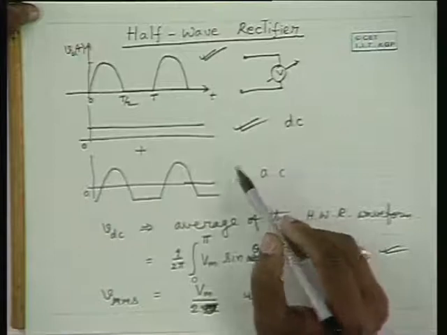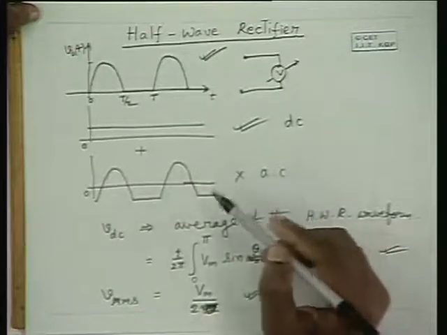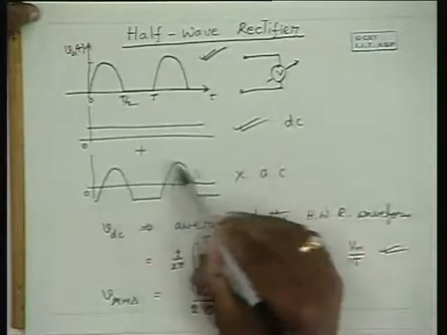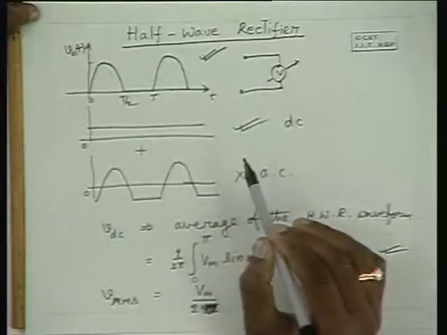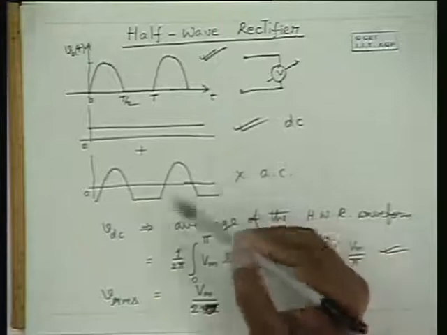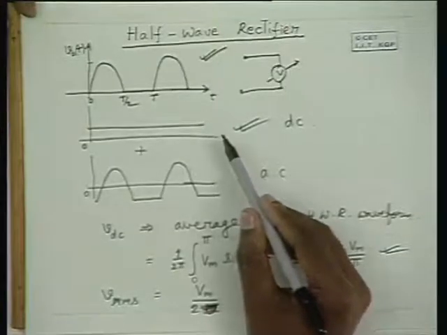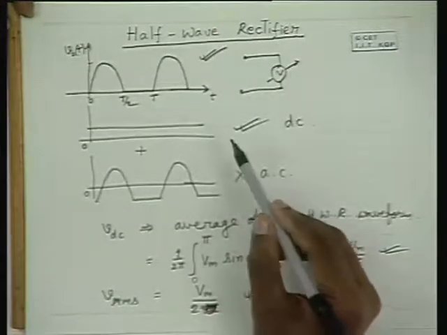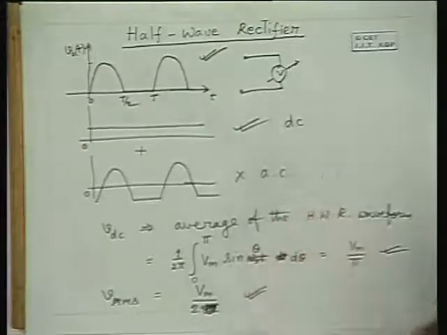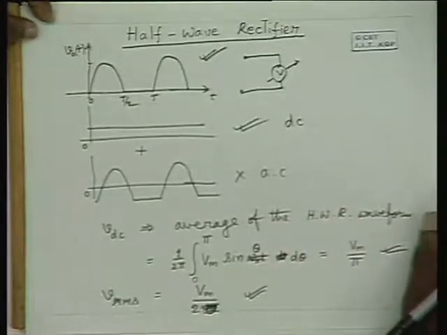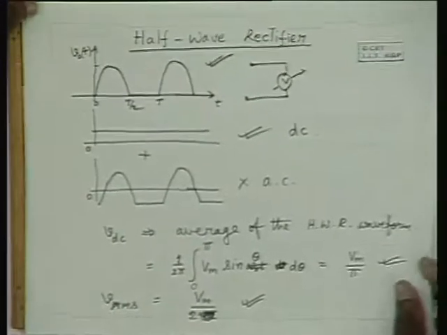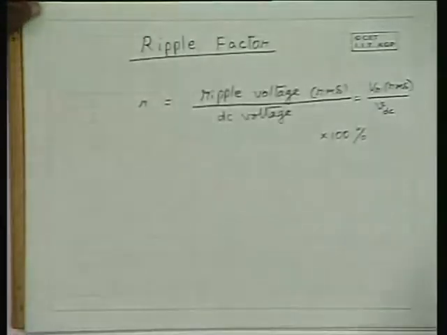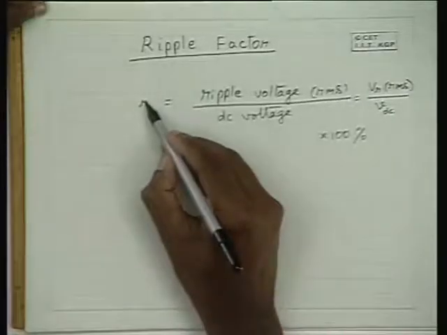Now the ripple factor determines how much this ripple voltage is. Obviously it has to be a function of the wanted component. The unwanted component has to be normalized, because it should be an absolute term in normalized terms. Therefore it is normalized with respect to the DC. Hence the ripple factor definition is given in this fashion.